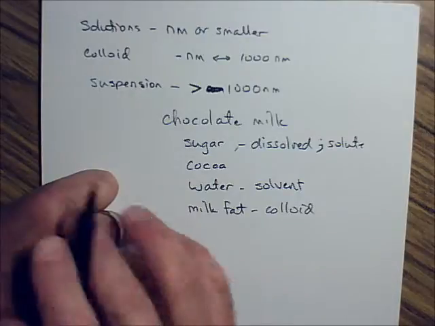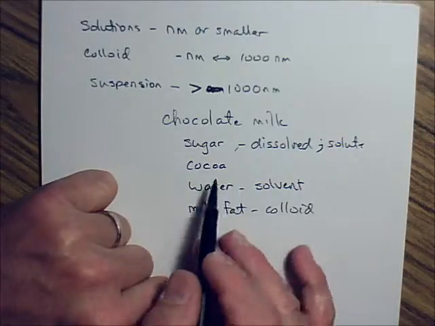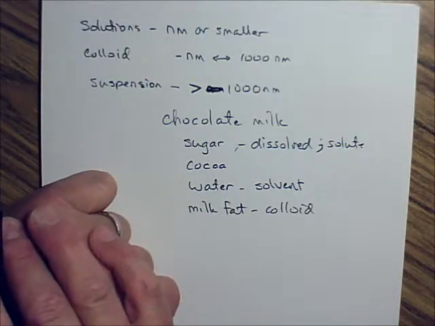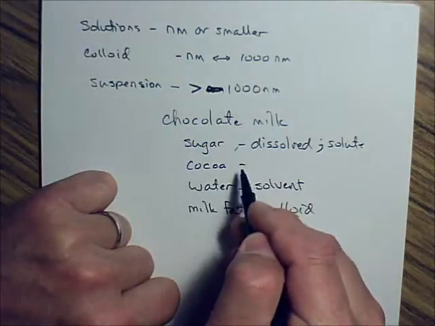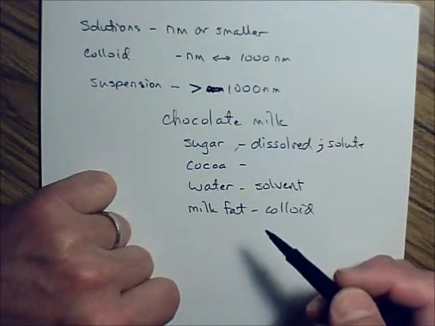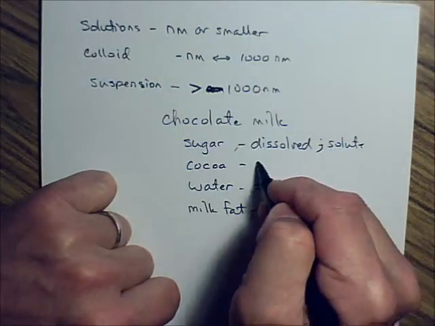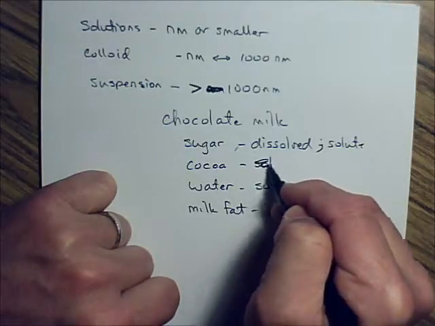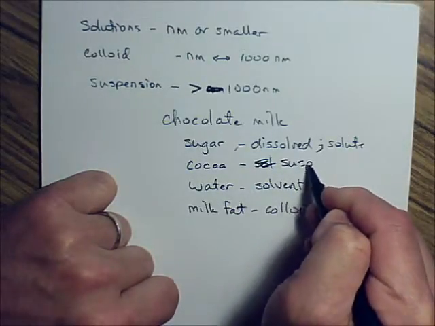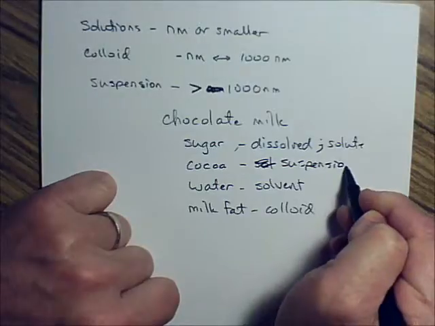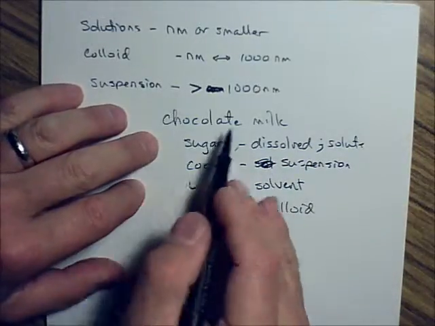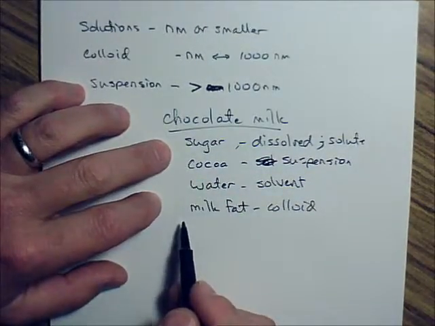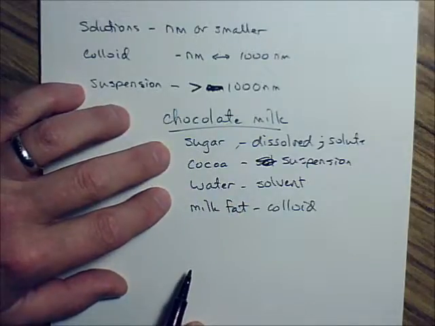And if you leave milk in the refrigerator, what happens to the cocoa part of it? It settles to the bottom, doesn't it? This is a suspension. So chocolate milk is an example of all three categories.